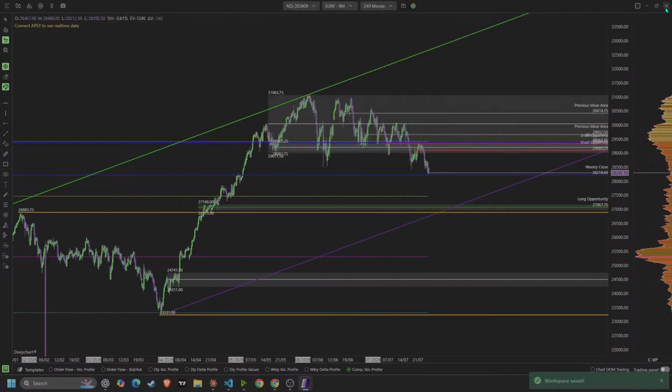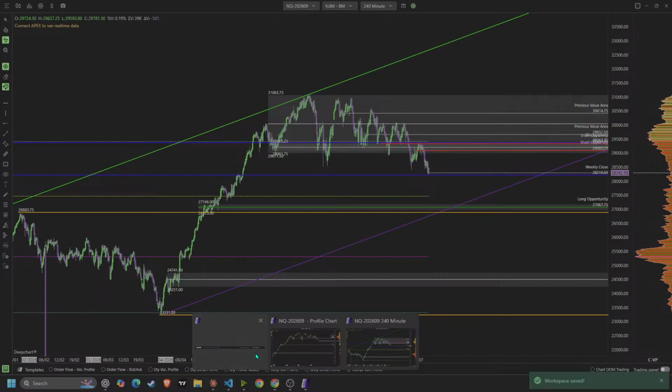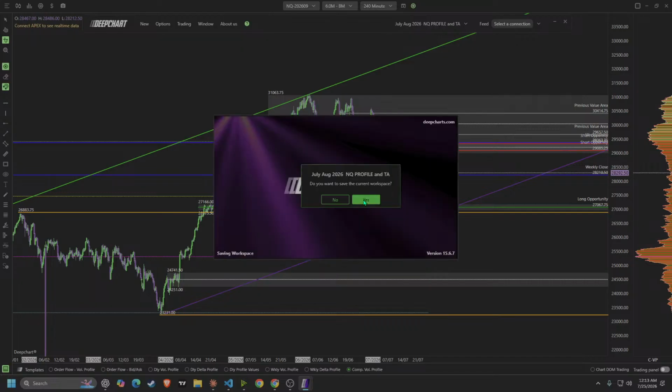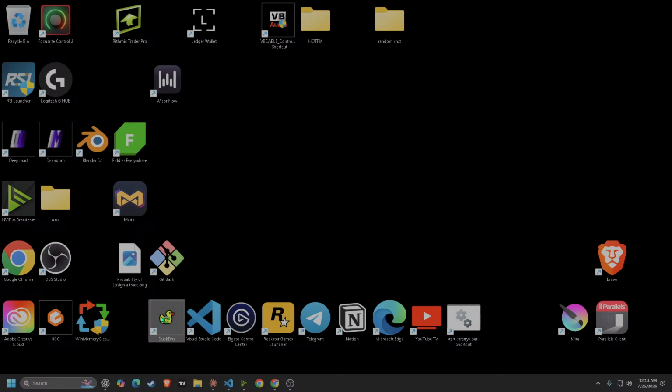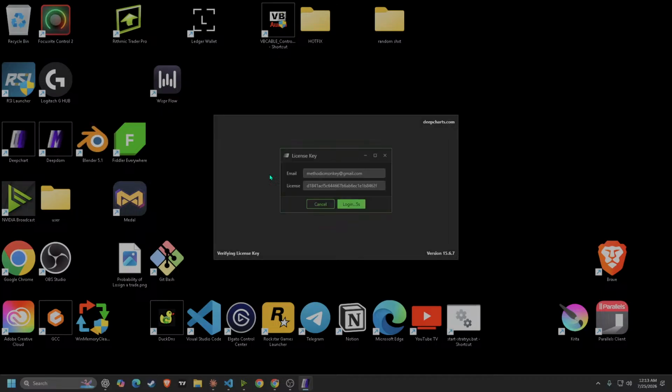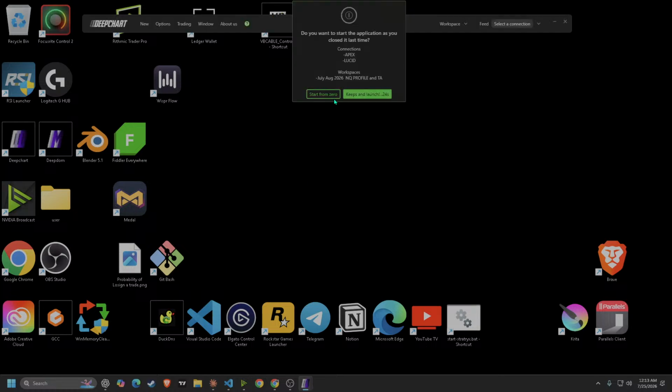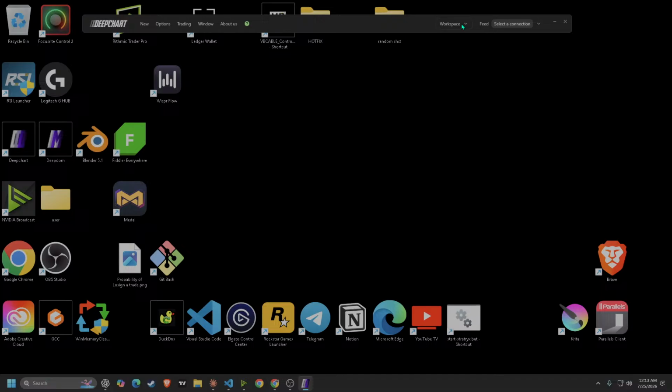So now we can get rid of it. What's cool is, if I ever want to come back and open it up, I can simply load it, because I'm generally not going to have that open all the time. You can start from zero, right?